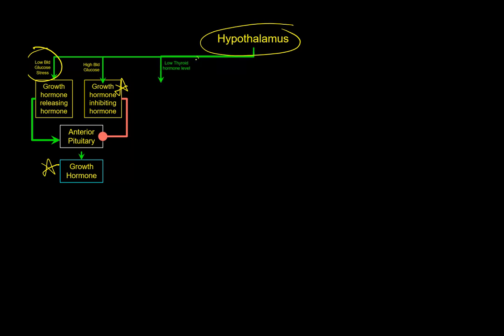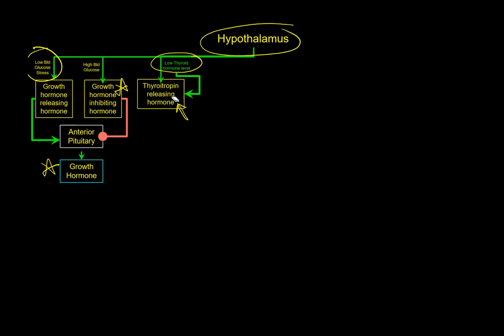Now, if you have low thyroid hormone levels, that's going to cause the hypothalamus to release thyrotropin releasing hormone. Okay. Now, if you see tropin at the end of something, and we don't use that name very much because there are better names that kind of give you a hint as to what things do, know that those hormones always come from the anterior pituitary.